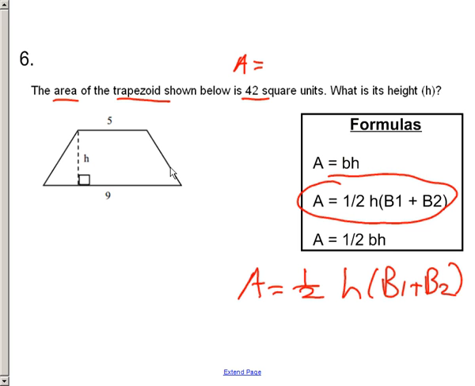But this time we're given the area, so I'm going to substitute 42 for area. And I know that I want 1/2 of the height. Let's take a look at our trapezoid. The height is our variable, our unknown, so we're going to have to keep our height as the letter h for now. Then base 1 is 9, base 2 is 5.